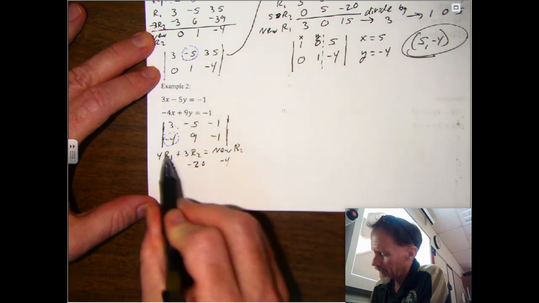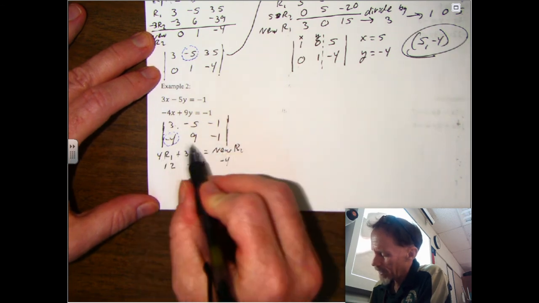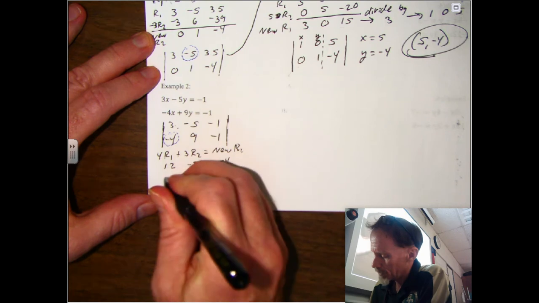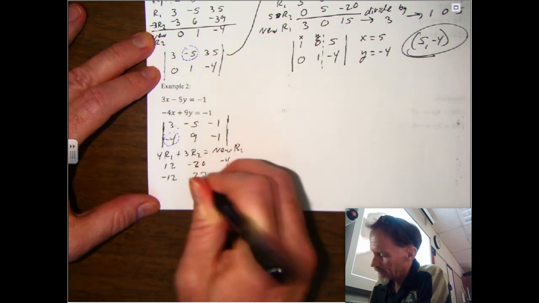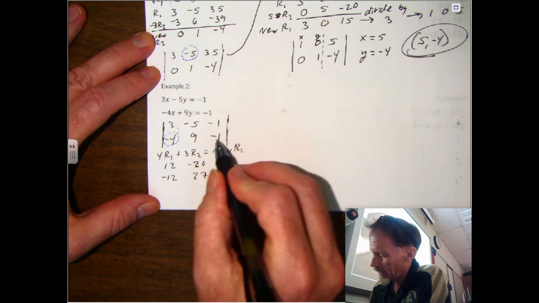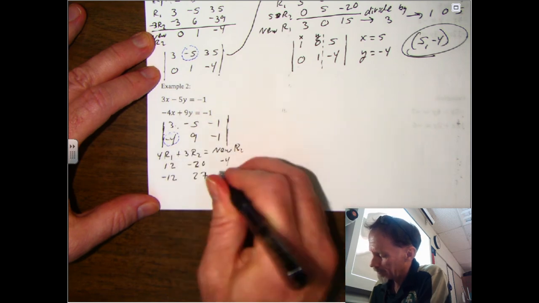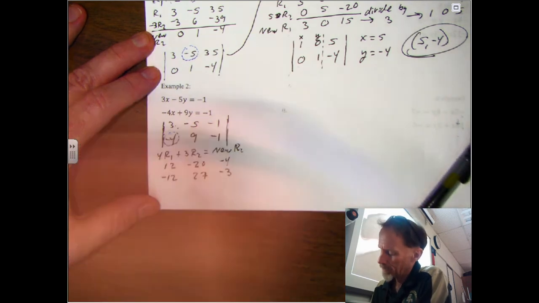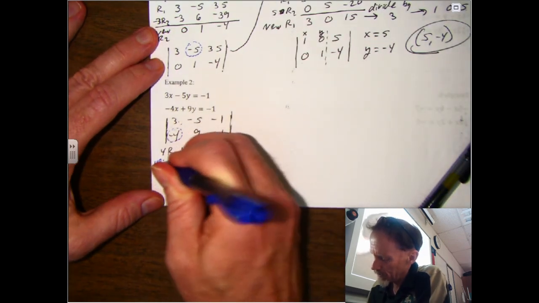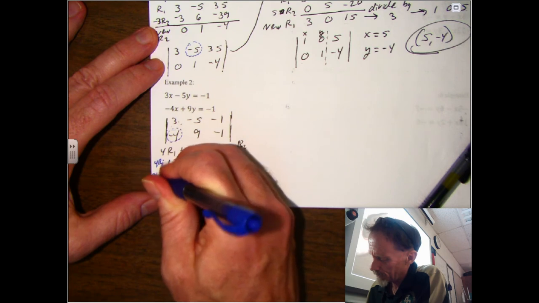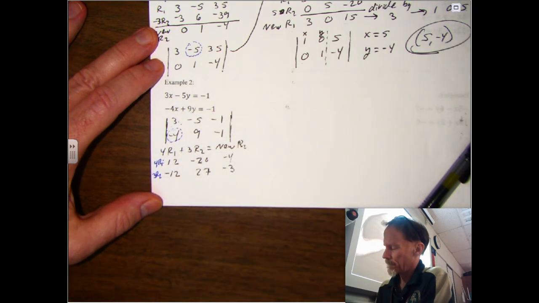And then multiply 3 times R2: that's -12, 27, and -3. Okay? And again, just off to the side here, just say 4R1 and 3R2.